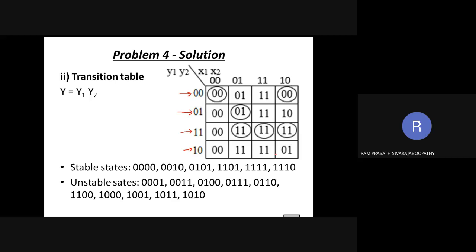So the stable states are 0 0, 0 0, 0 0, 1 0, 0 1, 0 1, then 1 1, 0 1, 1 1, 1 1, 1 1, 1 0. So all these states are stable states. The remaining combinations are unstable states.